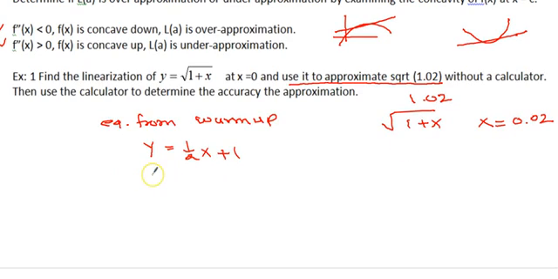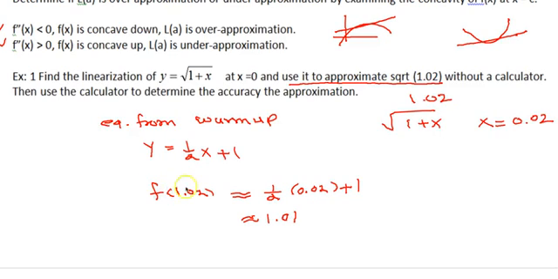So if I'm using my equation of tangent line here, the approximation of f of 1.02 is going to be 1/2 times 0.02 plus 1, which is 1.01.